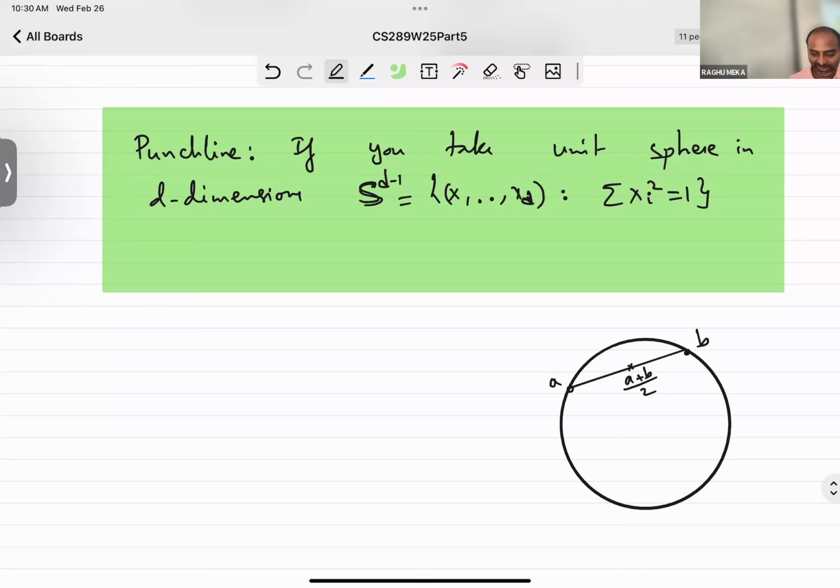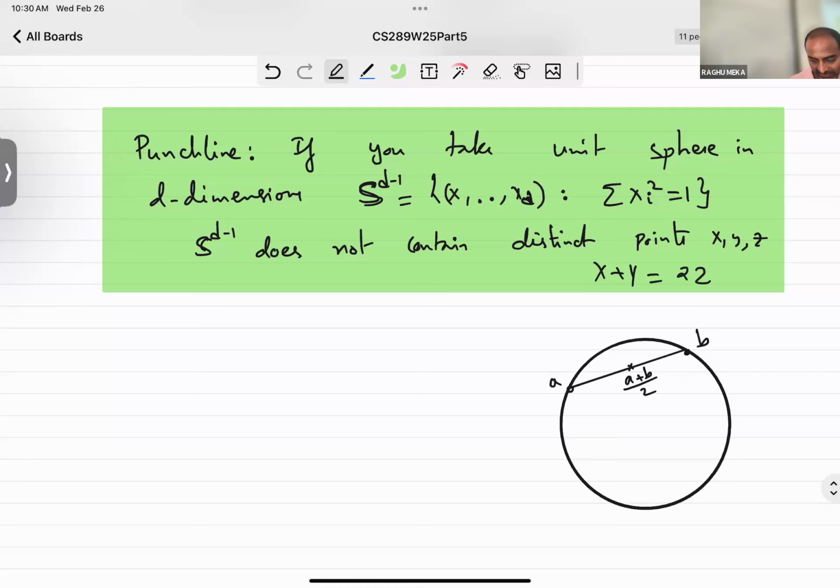This is my set. Then S^(d-1) does not contain distinct points x, y, z such that x plus y equals 2z.